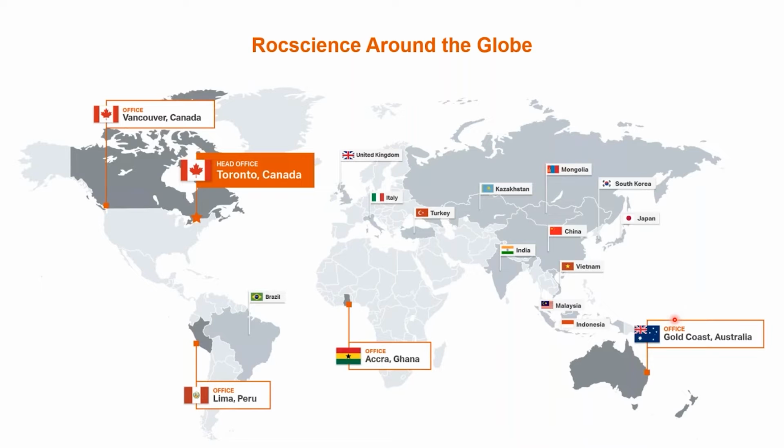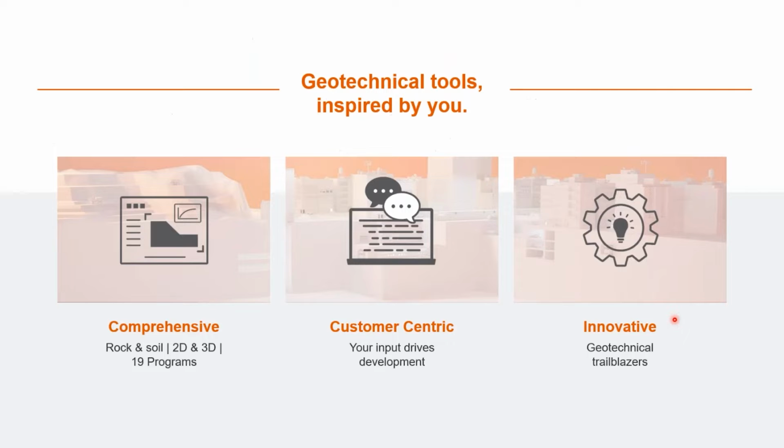We have another office in Vancouver, Canada, another office in Lima, Peru, and in Accra, Ghana. And the other office is in Gold Coast, Australia. And we have representatives all around the world. You can check these on our website. You can contact any of these if you're close to them.